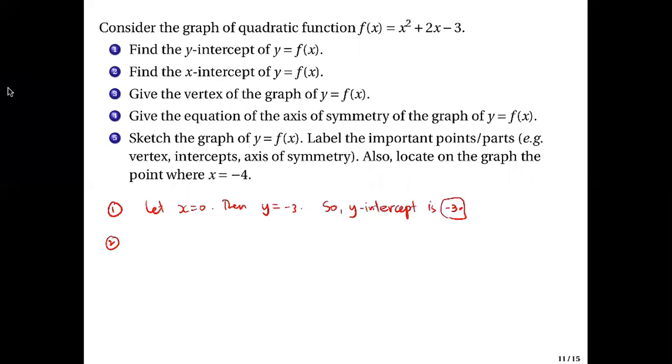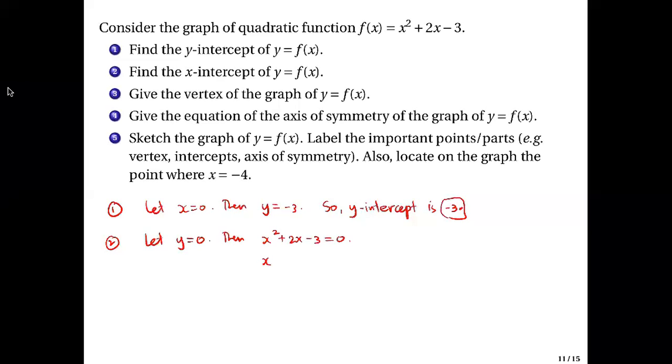For the second, we want to find the x-intercept, so we let y be equal to 0. Then we have x squared plus 2x minus 3 equal to 0. We can factor this.